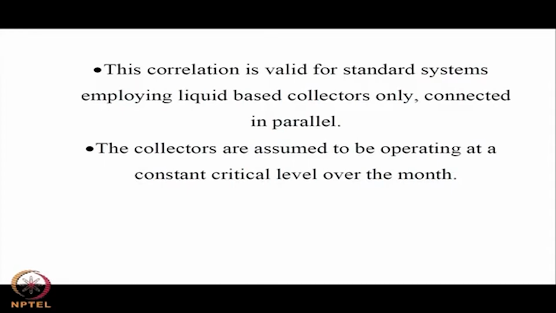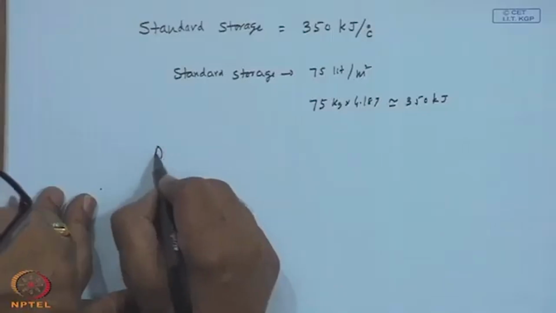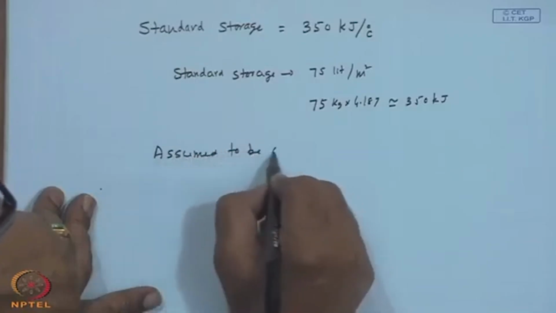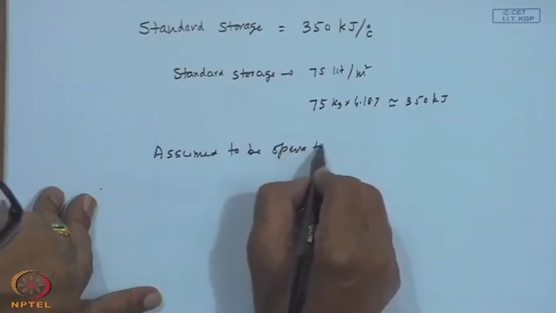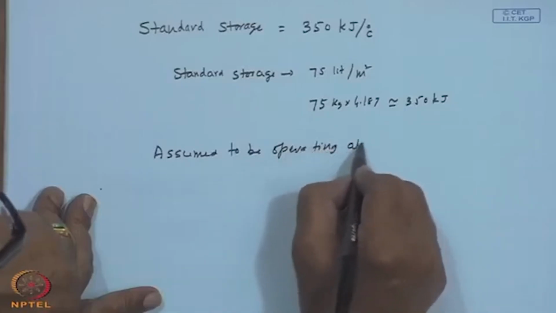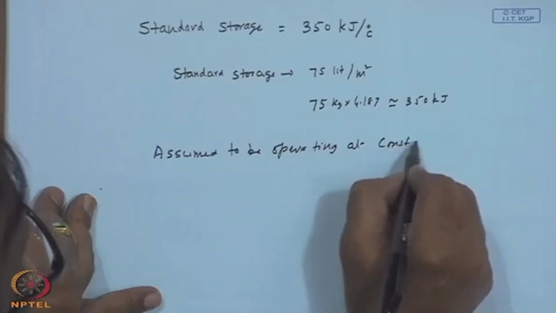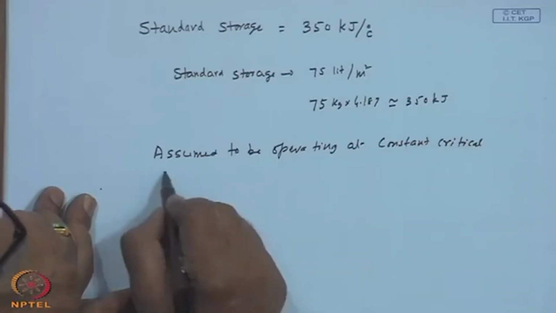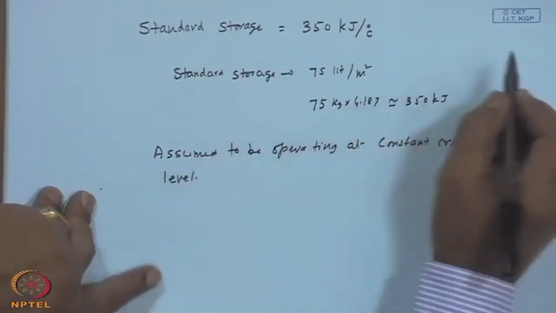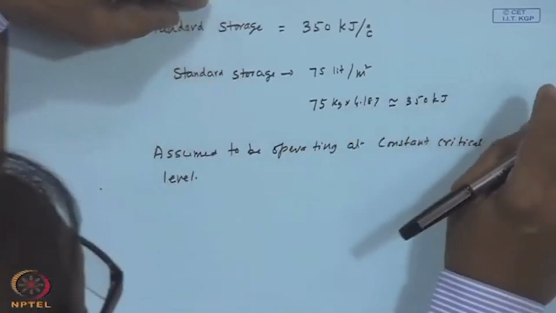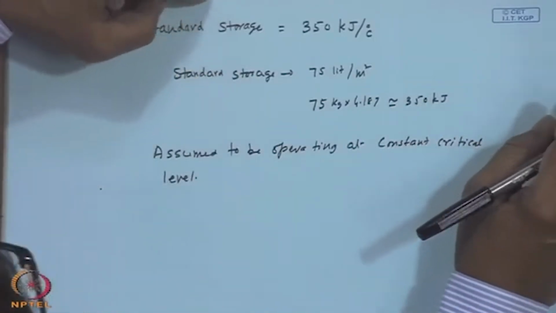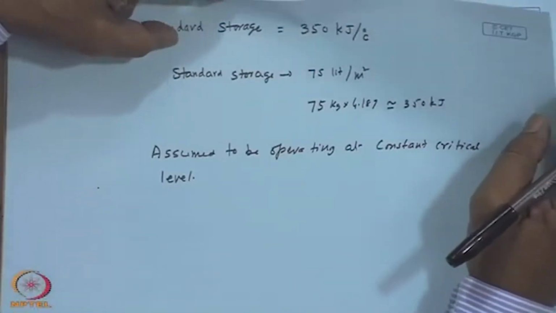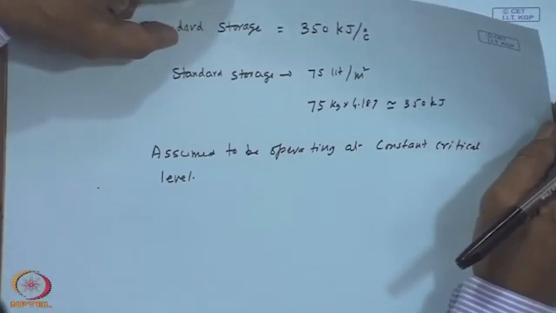The collectors are assumed to be, this is important, assumed to be operating at constant critical level. Okay. So, you have a situation here, the monthly solar load fraction can be calculated for a system delivering energy at or above a certain desired temperature.